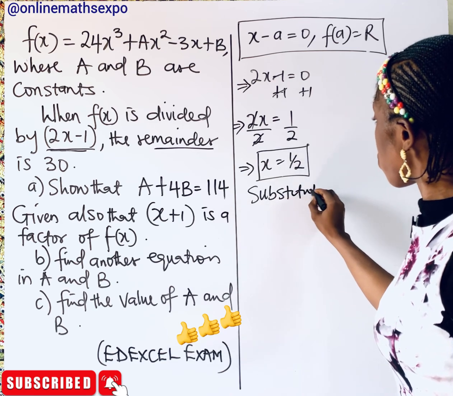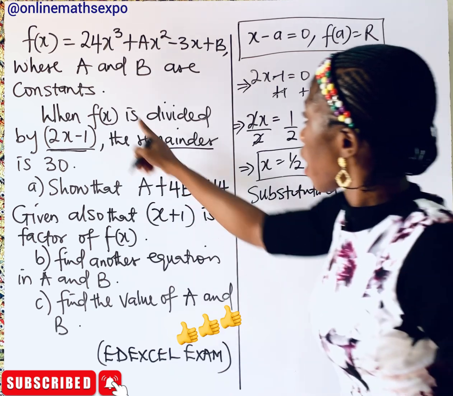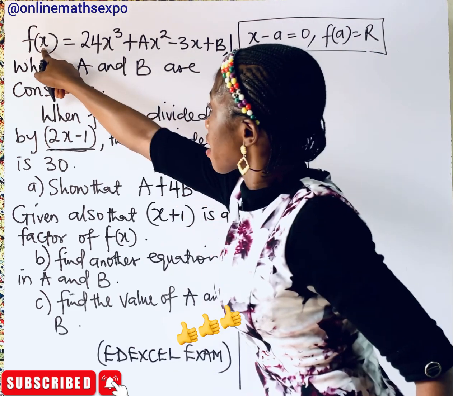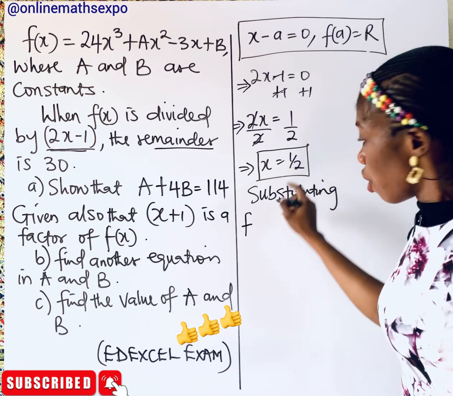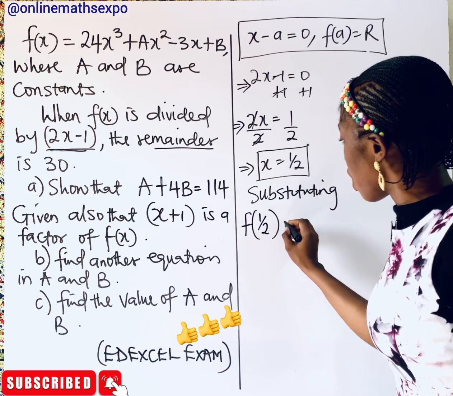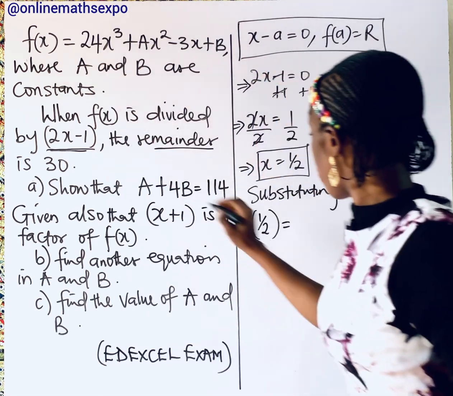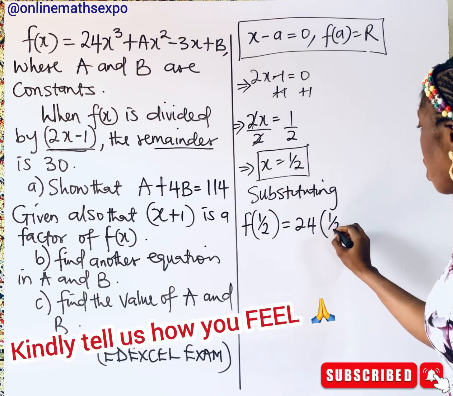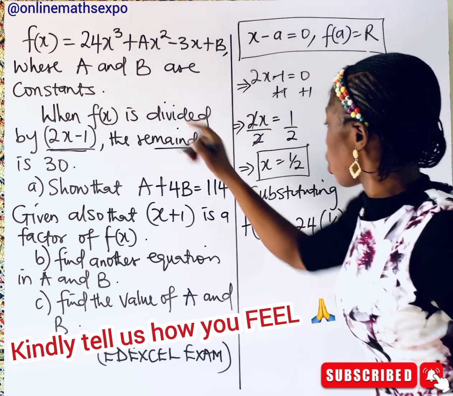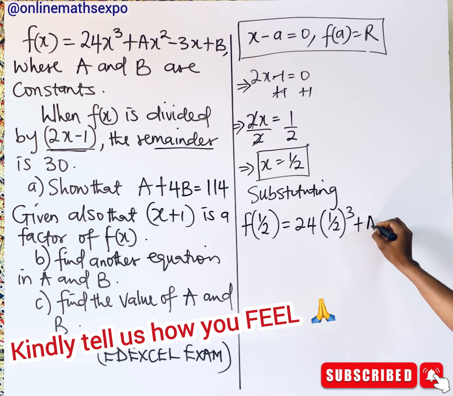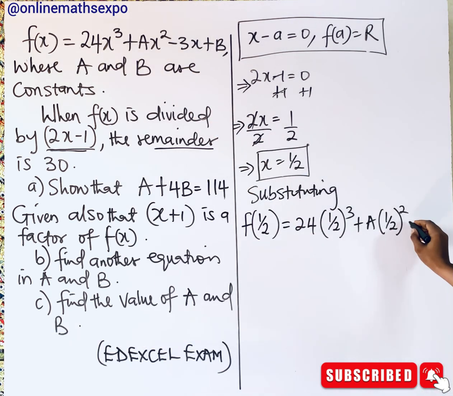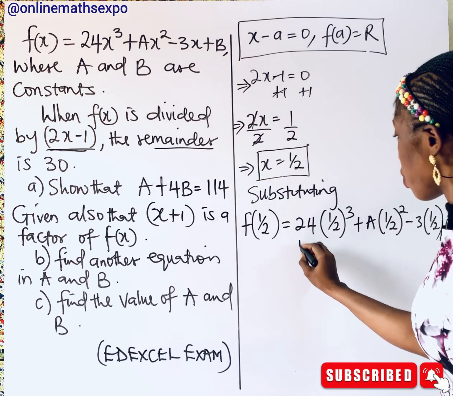We are going to have f of half, since your x has taken a value of half, is equal to 24 bracket half cubed plus a bracket half squared minus 3 bracket half, then plus b.